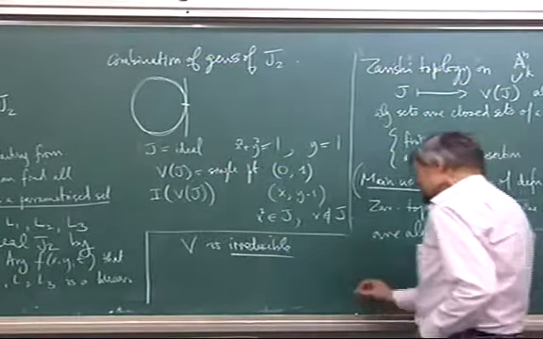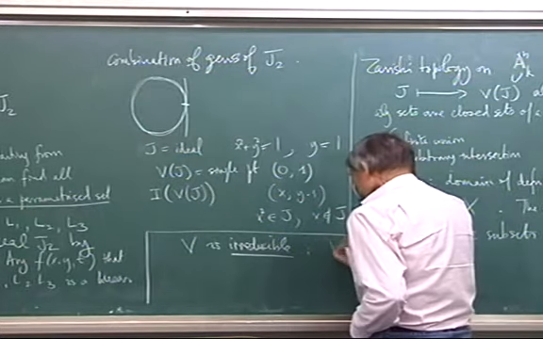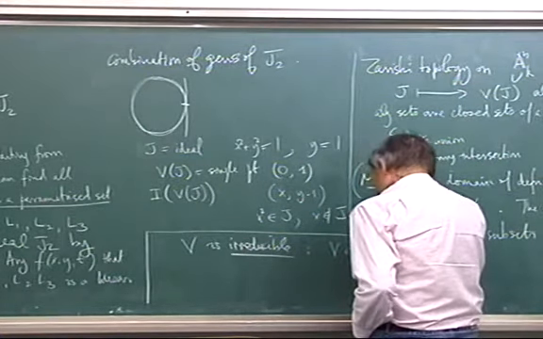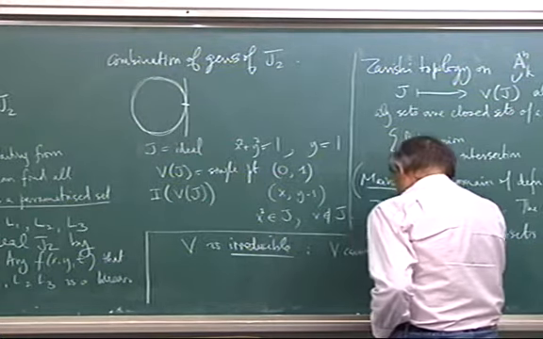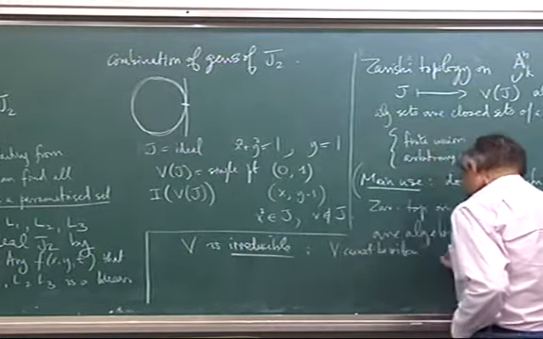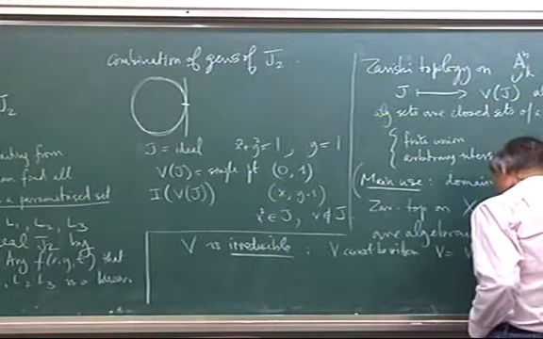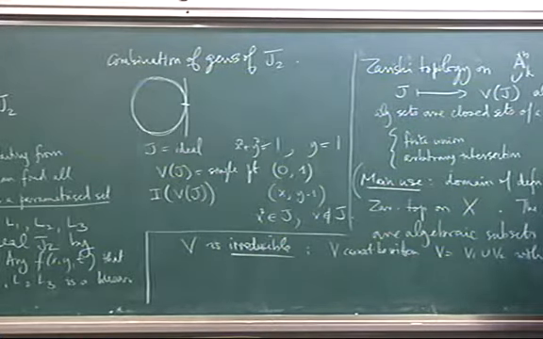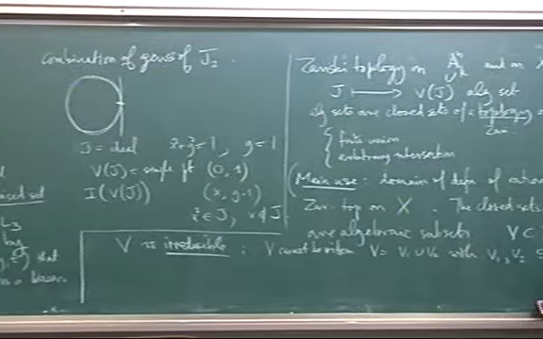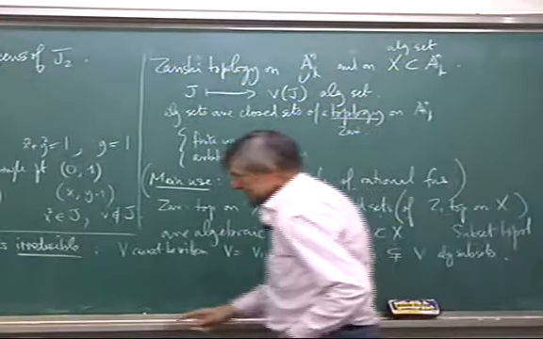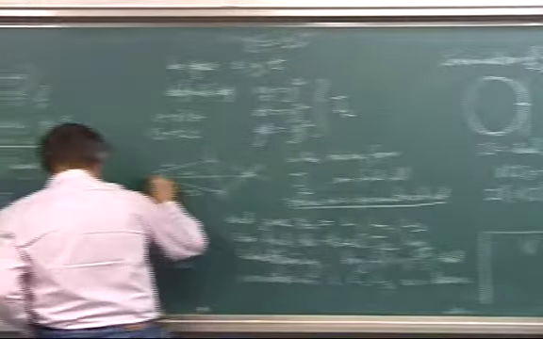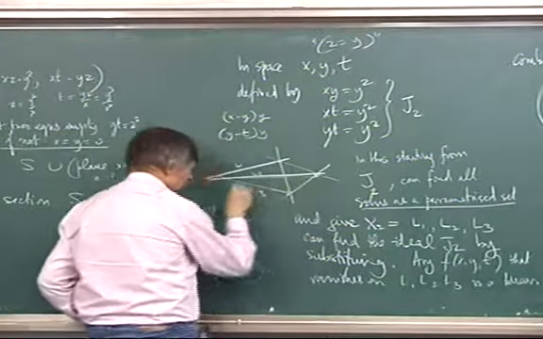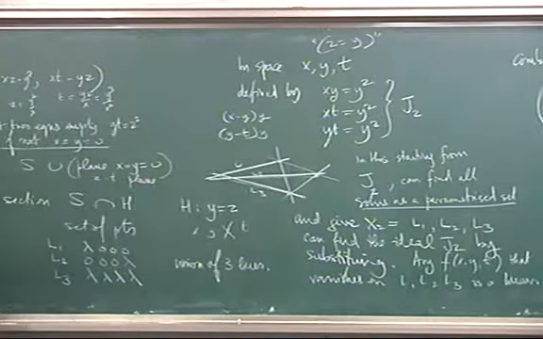V is irreducible means that V cannot be written as V equals V1 union V2 with V1, V2 algebraic sets strictly contained in V and not equal to V. It's easy to give examples of things that are reducible: if I take L1 union L2 union L3, then it's reducible.